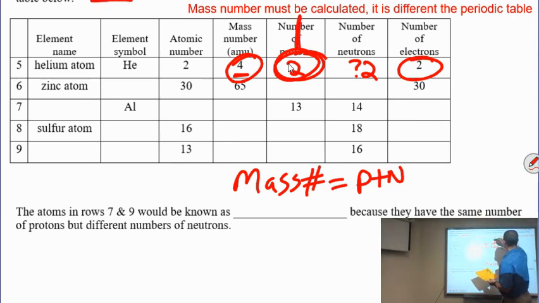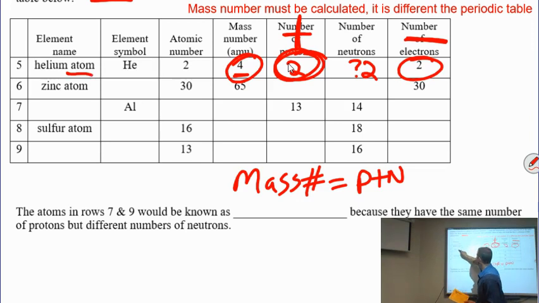The positive charges of the protons equal the negative charges of the electrons, and they cancel out. So why don't you go ahead and try zinc now, and I'll start to reveal some answers, and then do aluminum, sulfur, and so forth, and I will reveal the answers. Notice we're putting the word atom behind here because they are all neutral.